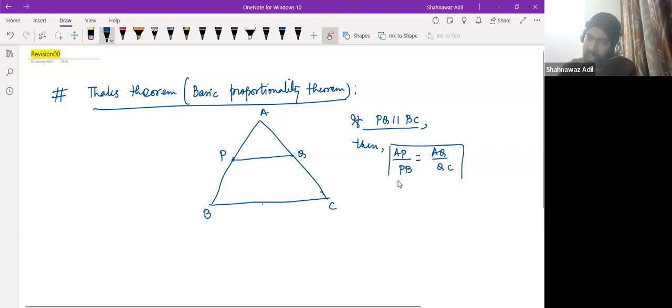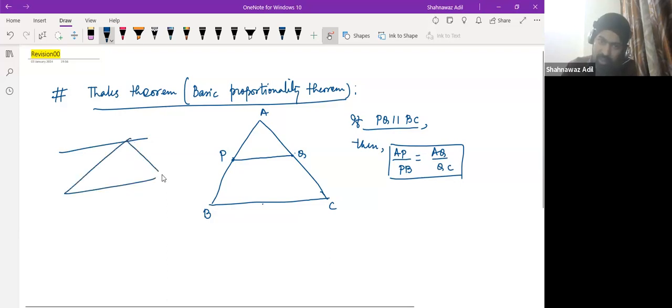And how did we prove these two things? We used this property: we had this parallel line, and we had two triangles on the same base and between the two parallels.